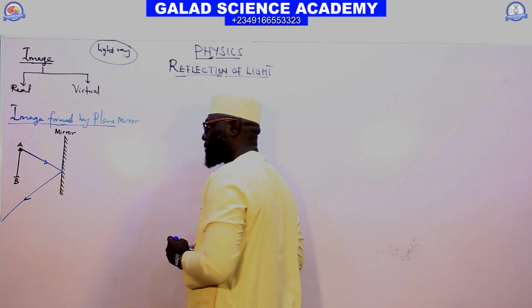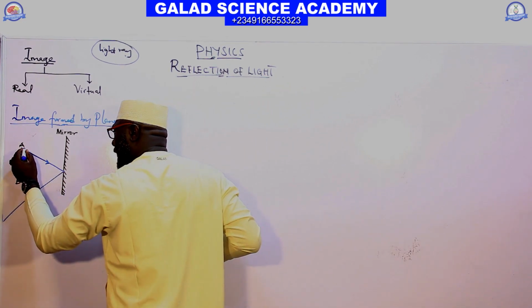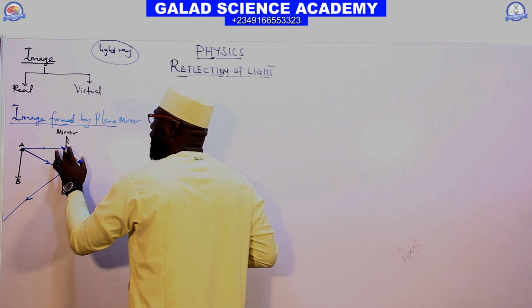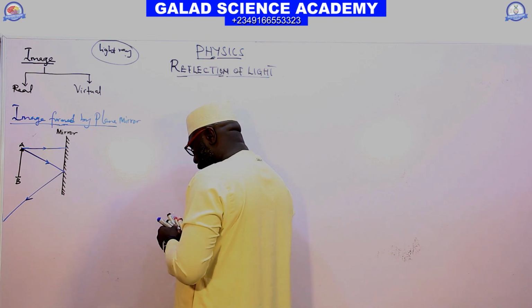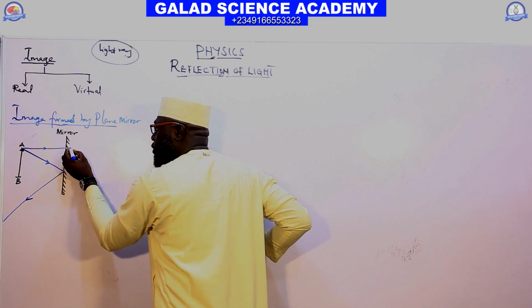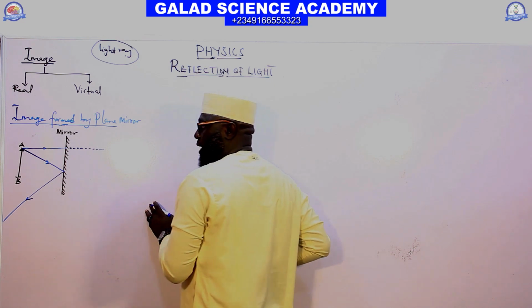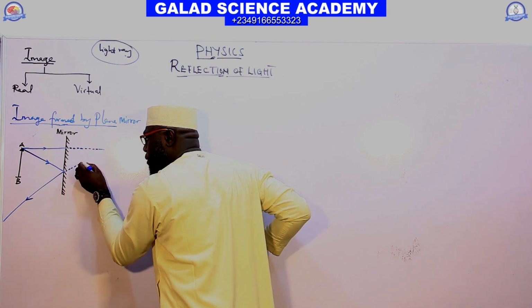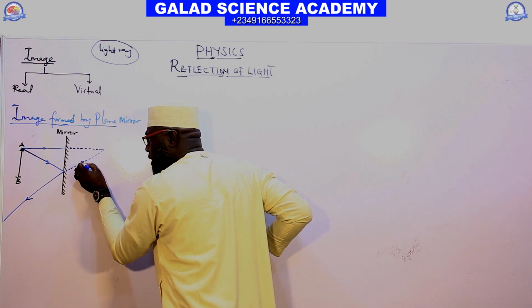The second one is you will now draw a line from the top of the object that is incident on the mirror. Then at the back of the mirror, you will draw a broken line and continue like this.